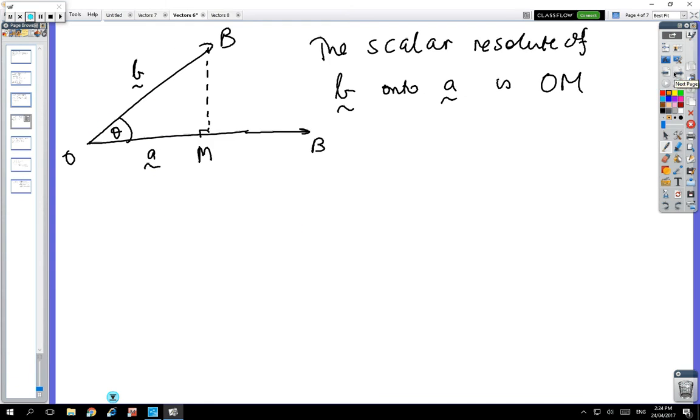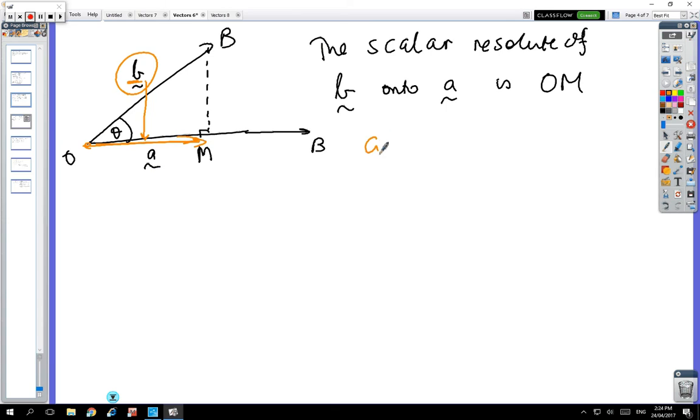Okay, so I've got this force vector, maybe a force vector, which is acting on a particle to move it in this direction. I'm trying to get the projection, the resolute of B in this direction. So we've got a right angle triangle, and again, just use some basic trig.